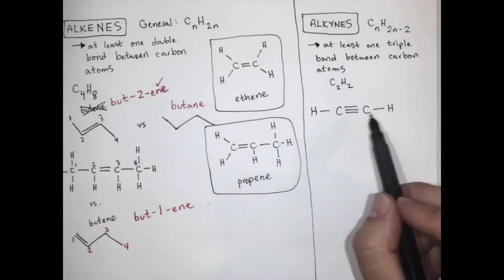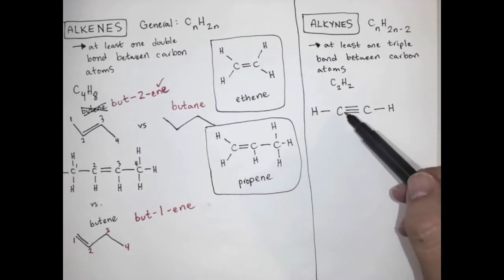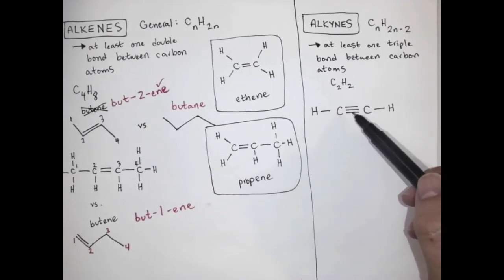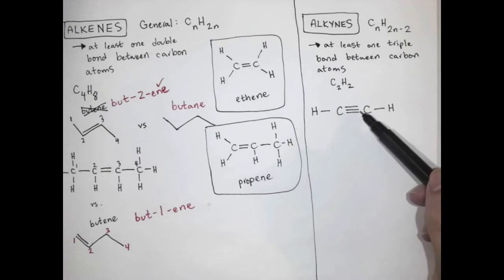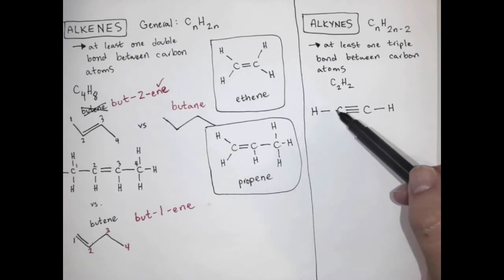I draw it as a straight line because if you remember your geometry and valence shell electron pair repulsion theory, oh, that's a mouthful. The carbons here are going to have a linear geometry, and that's because they have a group of electrons in the middle between the carbons, and then a second pair of electrons over here between carbon and hydrogen.